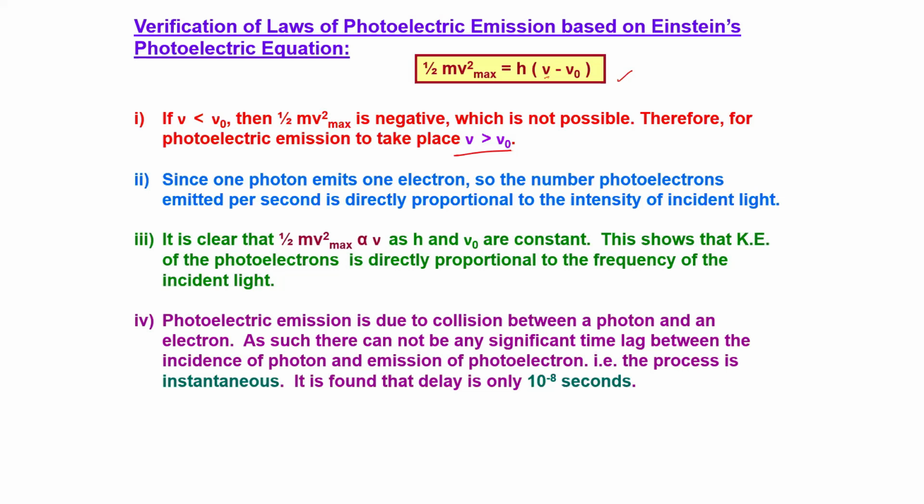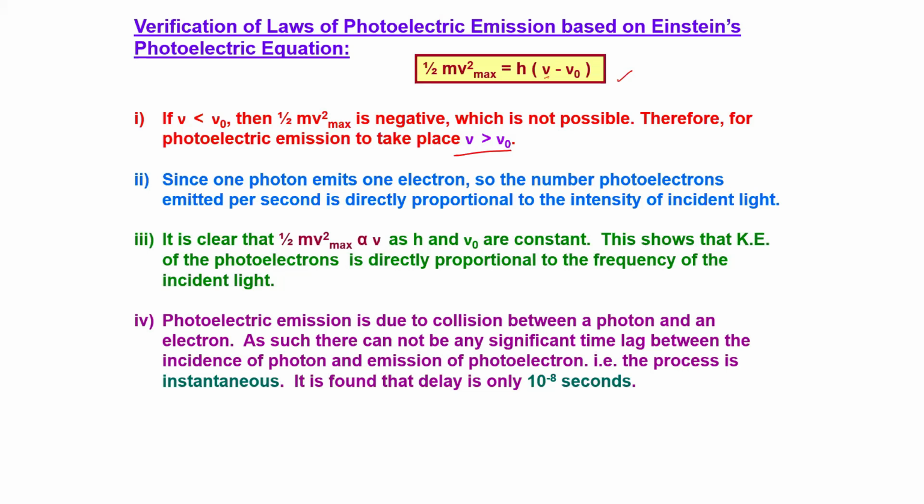And the second point is about the intensity of the incident light. Since one photon emits one electron, the number of photoelectrons emitted per second is directly proportional to the intensity of the incident light. In the third point, we are going to study the kinetic energy of a photoelectron.